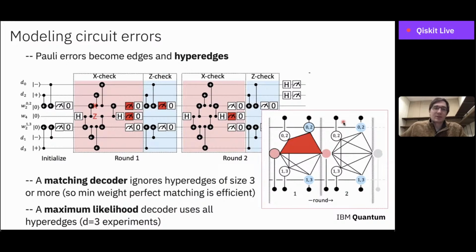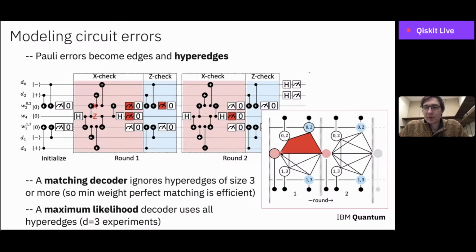But actually, sometimes errors occur, and you end up triggering more than 2 error-sensitive events. So here's an example. If there's a ZX error after this C0, then it propagates through the circuit, and it triggers 4 different measurements here, and that translates to 4 different error-sensitive events.